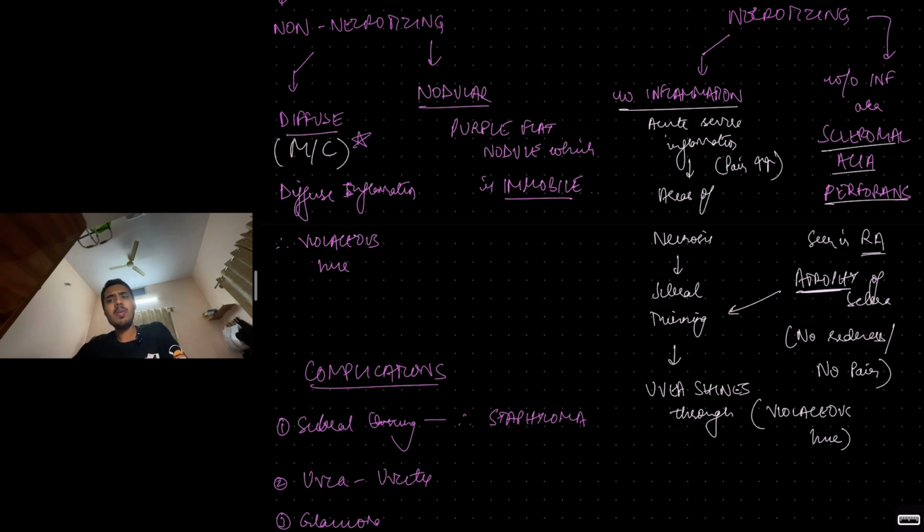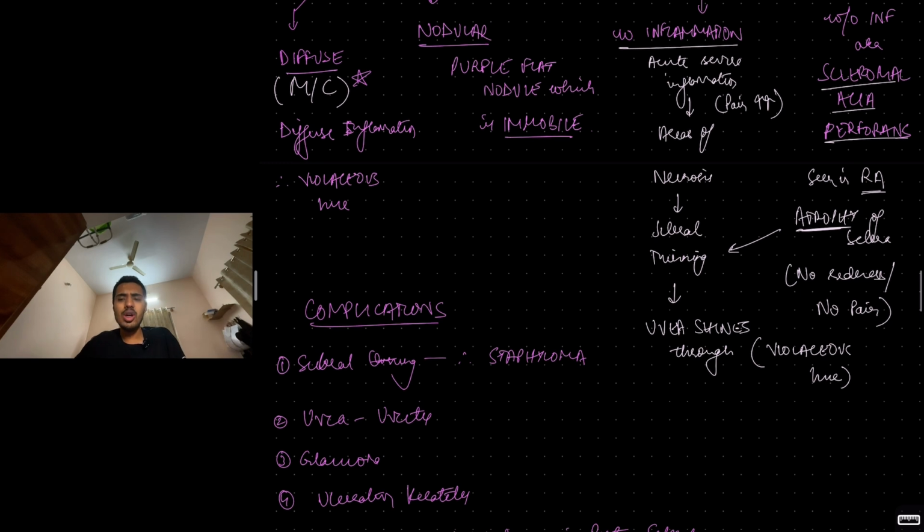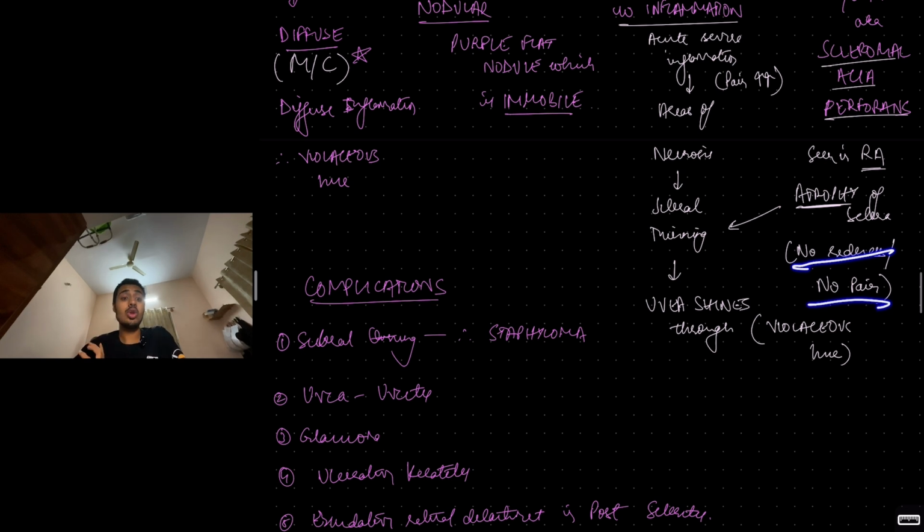Necrotizing scleritis without inflammation is also known as scleromalacia perforans, very, very important. Scleromalacia perforans is especially seen in rheumatoid arthritis, very, very important. Rheumatoid arthritis, scleromalacia perforans, necrotizing scleritis without inflammation. There is no redness, no pain, so there is no inflammation.